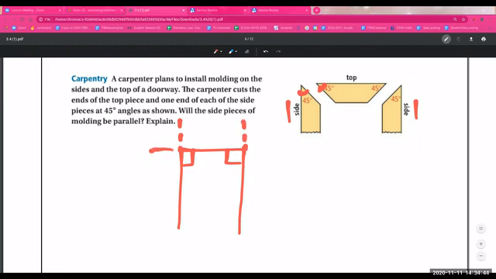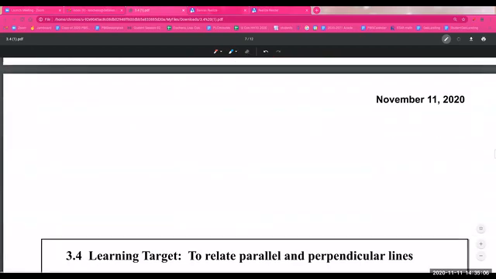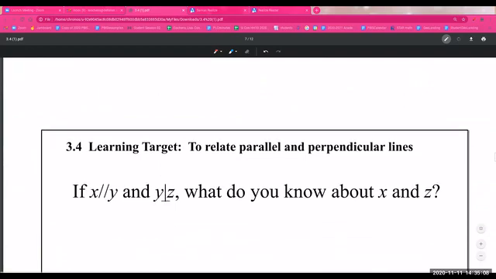The transversal is going through, and the theorem says if a transversal is perpendicular to two lines, then the lines are parallel. So yes, if these are both square corners, you would know that the sides of the doorway are parallel. Very important for installing doors and windows, mainly doors, I'd say.